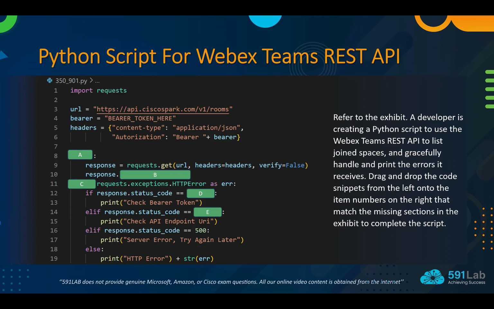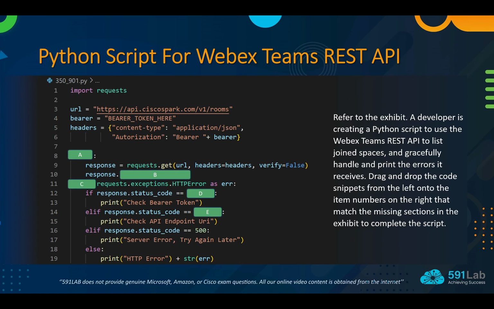The topic of today is Python script for WebEx Teams REST API. Okay, let's look at this topic, and we can see a script on the left and the question on the right. The question is, refer to the exhibit.